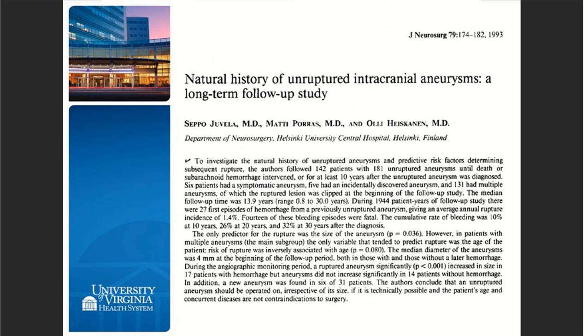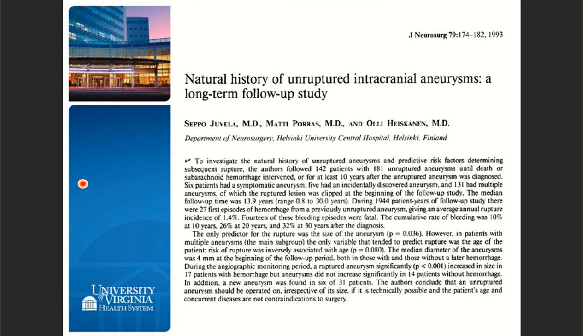Absolutely, and dovetailing into that, the Finnish group published another landmark paper in 1993, and in this paper, they followed aneurysms for many years. The median follow-up time was 14 years, but in their country, there was an institutional and national policy not to treat unruptured aneurysms prior to 1959, just as Chris had mentioned.